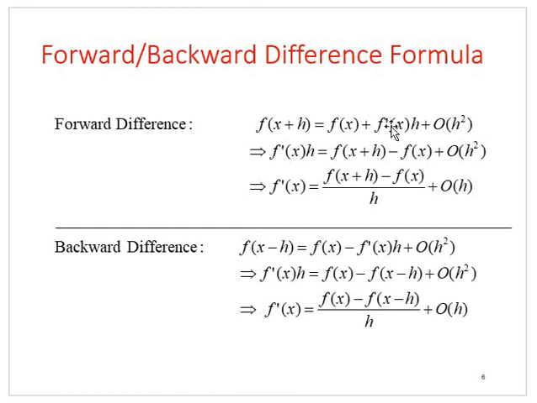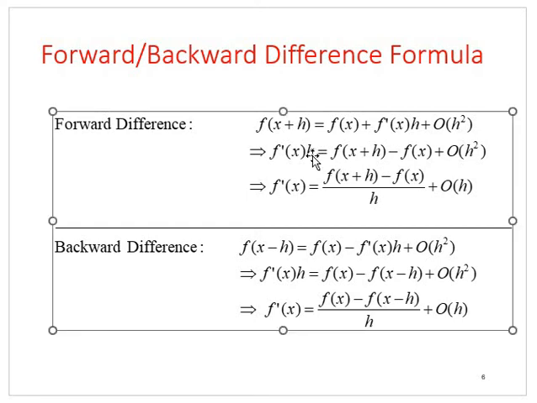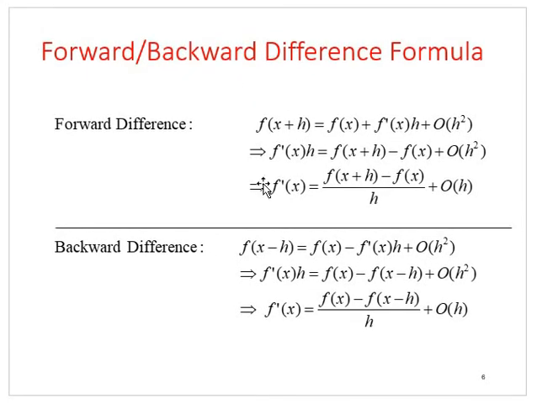So for the forward difference formula, from the Taylor series of f of x plus h, you get f of x plus f prime of x h plus the error term, and then making f prime the subject of the formula, f prime of x will be f of x plus h minus f of x, everything divided by h.